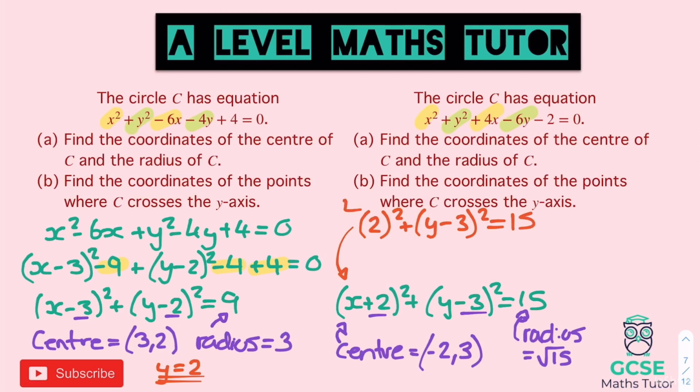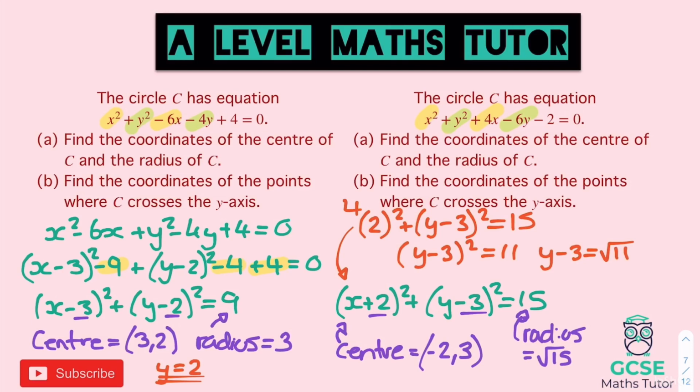2 squared is 4, so if we take that away from both sides, we get y minus 3 in brackets squared equals 11. Square root both sides, and we get y minus 3 equals plus and minus root 11.